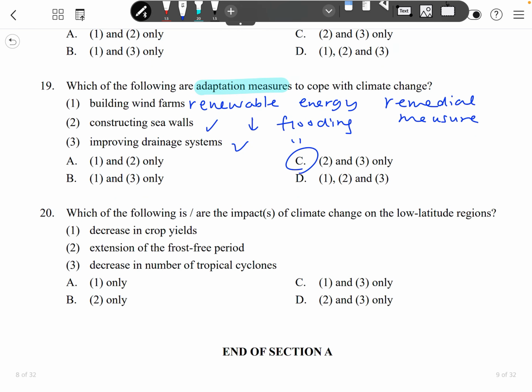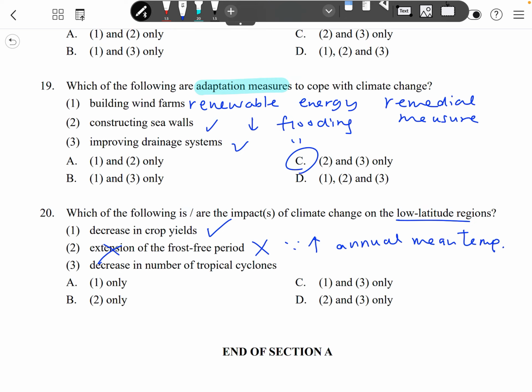Lastly, which of the following are the impacts of climate change on low latitude regions? Number 1, decrease in crop yields. Yes. 2, extension of frost-free period. No, because in low latitude regions the frost-free period is already long because of the high annual mean temperature, so it is not extended.